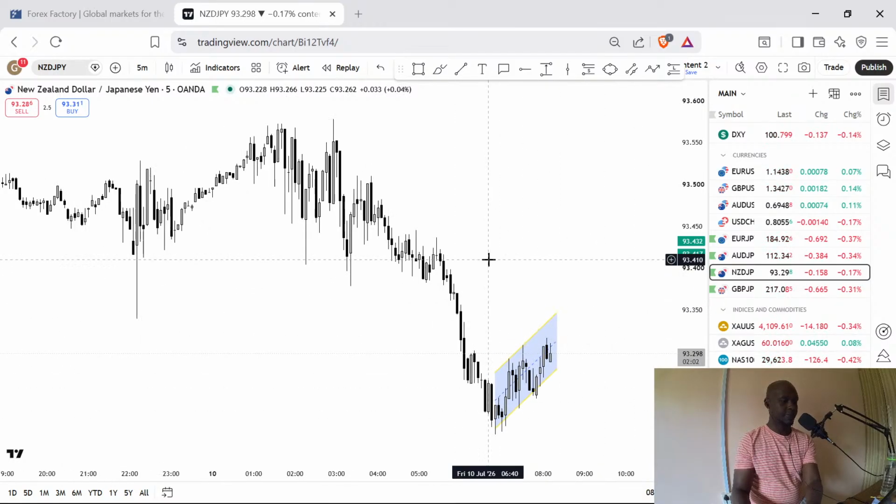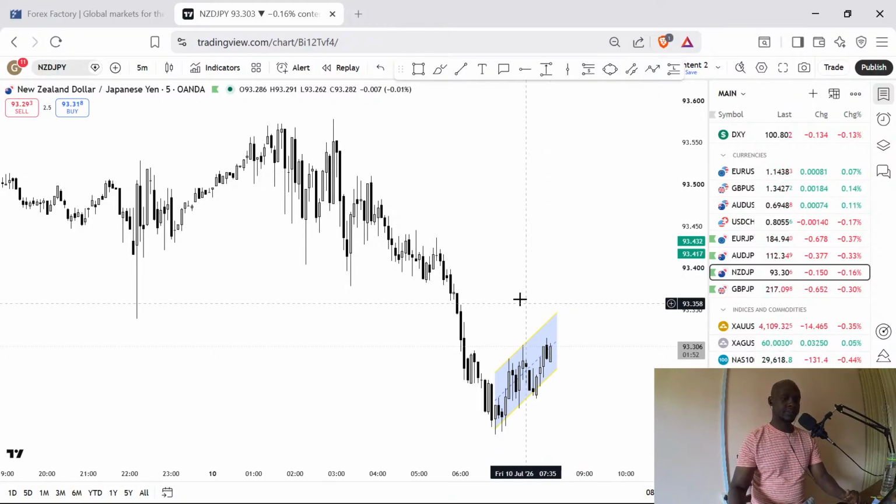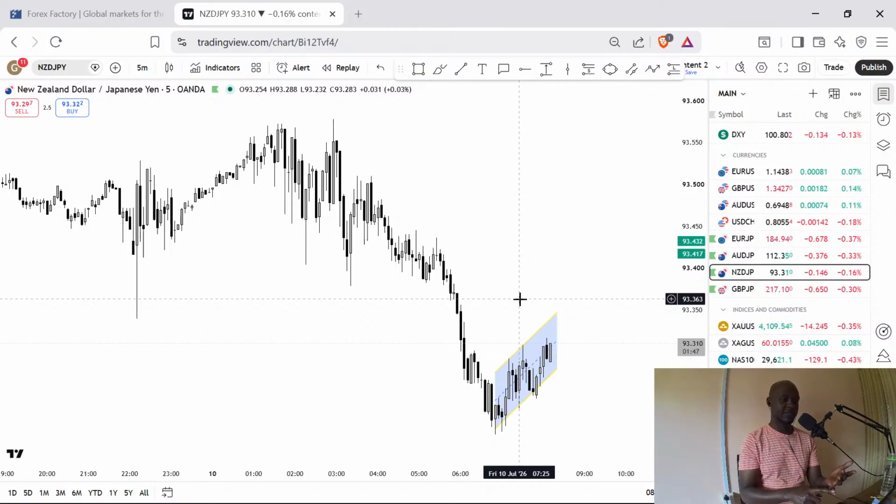So with New Zealand JPY, generally looking for two probabilities. Now remember, trading is all about probabilities, and so we have two probabilities that might happen here. Either we get a reversal to the upside, but in this instance with New Zealand JPY, I'd want to see price pushing lower first of all.